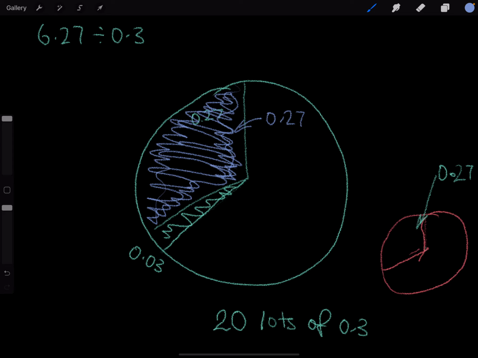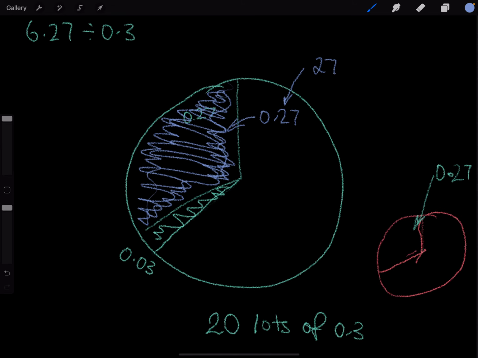Just pretend it's 27. Shall we say it's 27 slices? Yes. Okay, so 27 slices like this, right? Heaps and heaps of these little slices. There's 27 of them. And each slice, if you want to put it this way, is a hundredth.